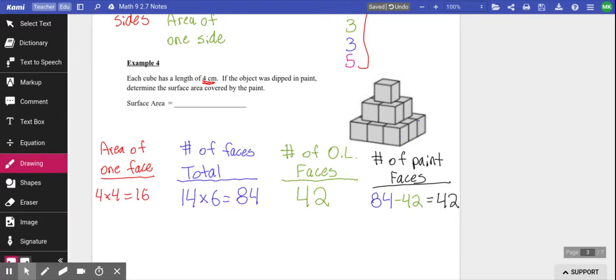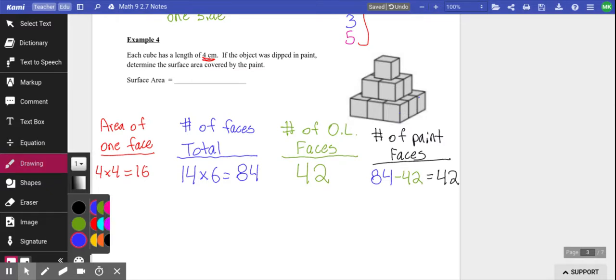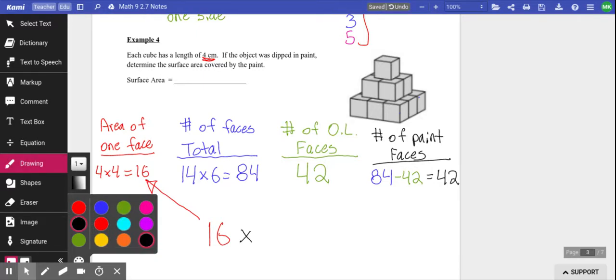So we took our 84 faces, subtracted our 42 overlap faces, and that left us with 42 faces that need painting. I then can calculate the total surface area by taking the area of one face and multiplying it by the 42 faces that need painting. And you get 672 as your answer.